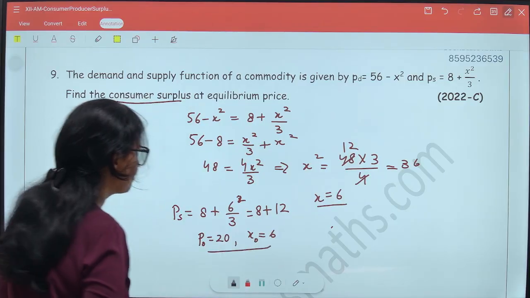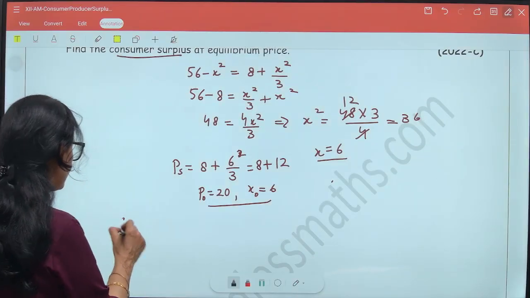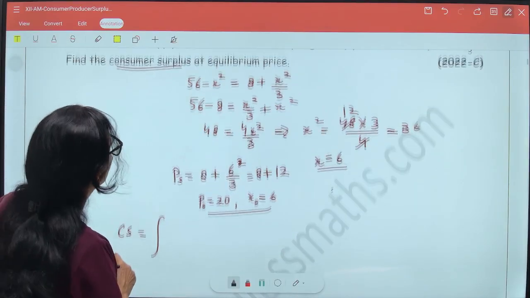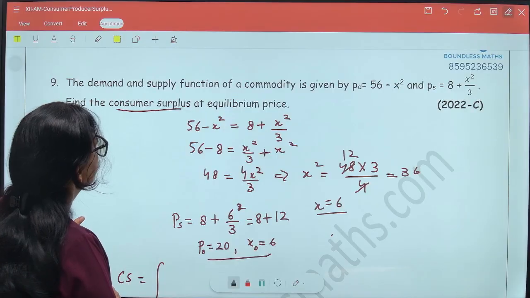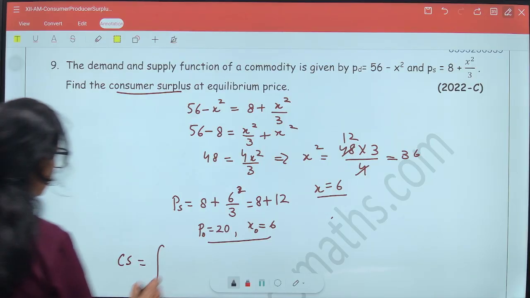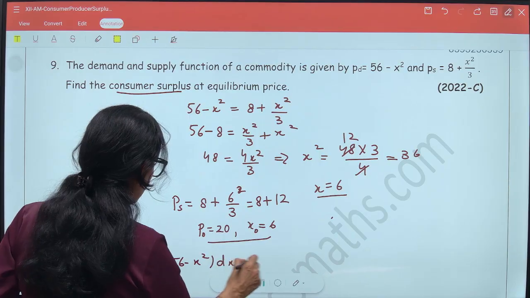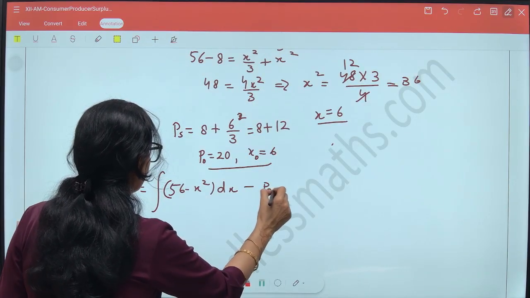Now we have both these values, so we can find the consumer surplus. So what is consumer surplus? It is the integral of the demand function that is given to you, that is 56 minus x square, minus p naught x naught.